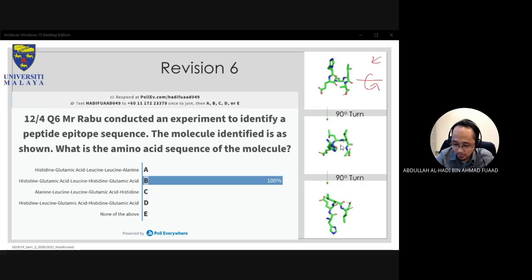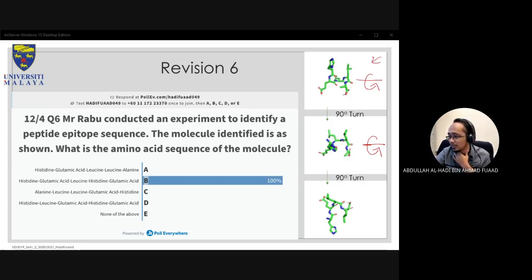Then again, if you rotate it from there to that side, we will get this picture at the very bottom. So if you look at the pictures carefully, you should be able to identify the sequence.